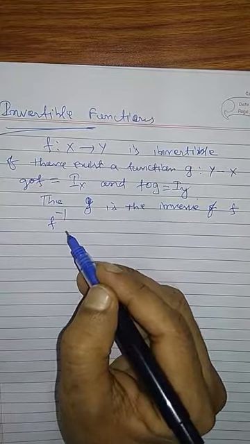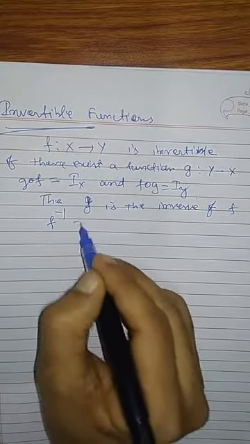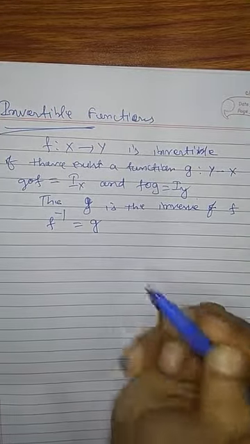So g is the inverse of f, and you can write f inverse is equal to g.